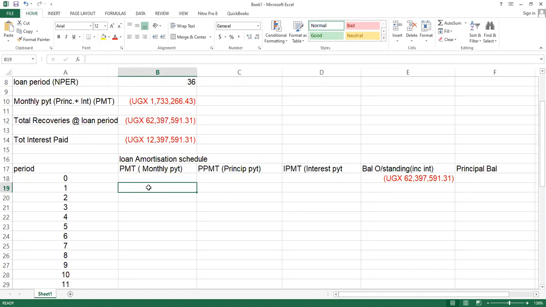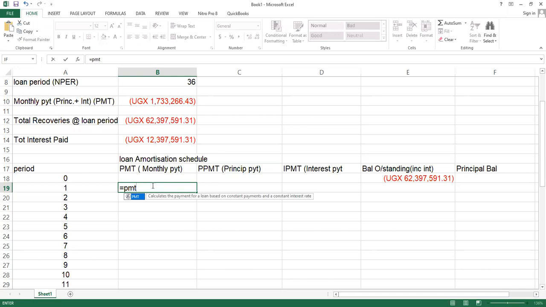The only difference is that I need to lock certain cells, certain variables rather, such that my monthly payment is going to be the same right away from period 1 up to period 36. So if I come here, I say equal sign, PMT, and we say that this PMT calculates the payment for a loan based on constant payments and constant interest rate.